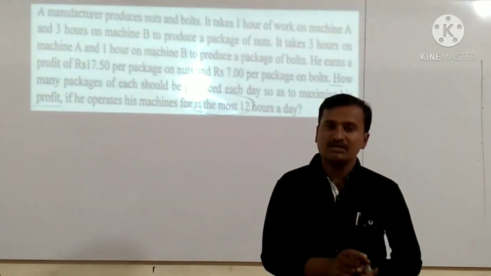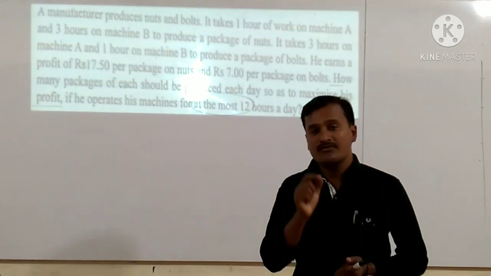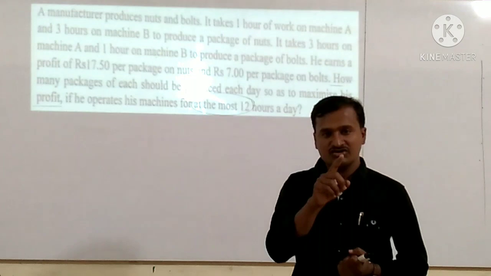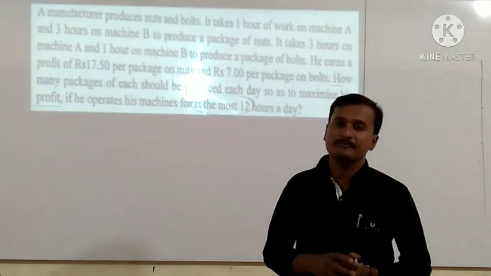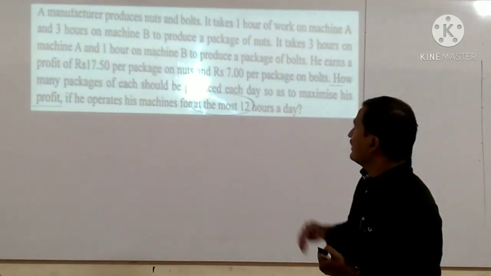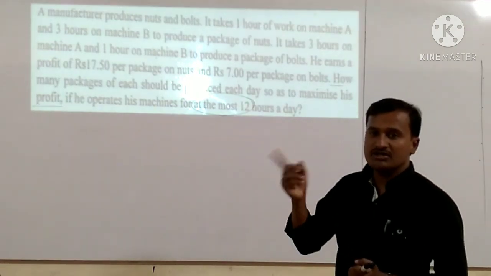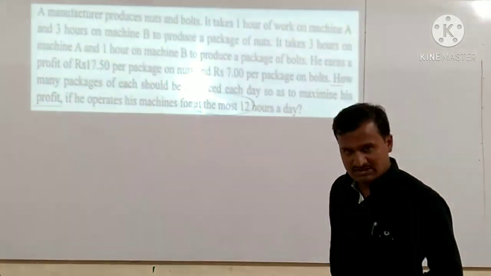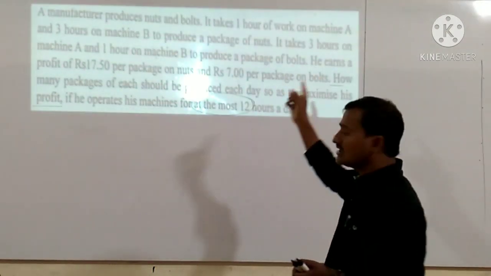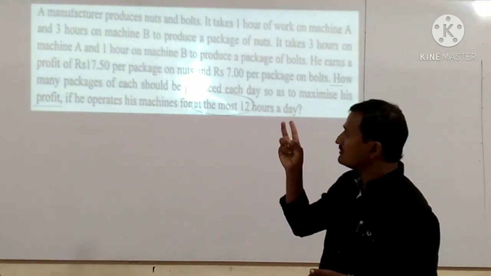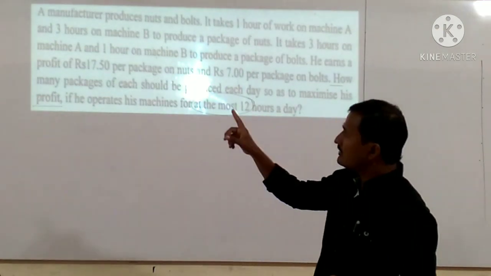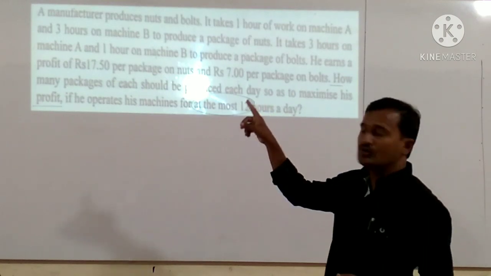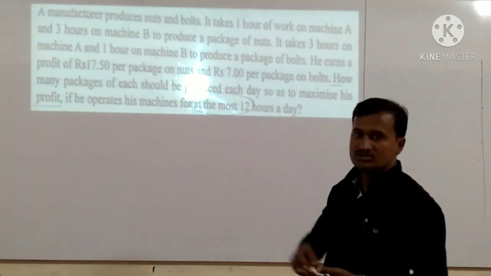To produce the nuts and bolts, the manufacturing company uses two machines, machine A and machine B. It takes 1 hour on machine A and 3 hours on machine B to produce a package of nuts, and it takes 3 hours on machine A and 1 hour on machine B to produce a package of bolts.